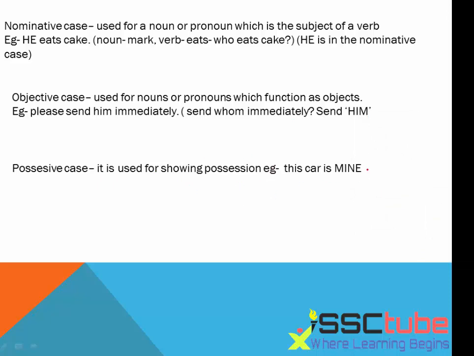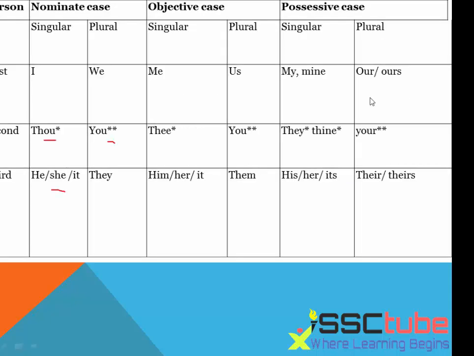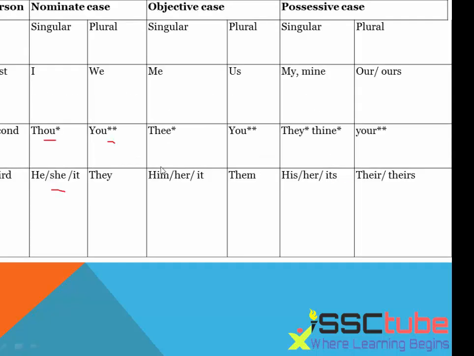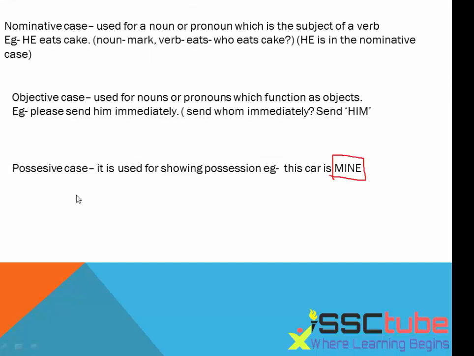Example, this car is mine. So mine here shows possession; this is the possessive case. Him is in the objective case and he is in the nominative case. Just read it once. We're going to study in examples later.